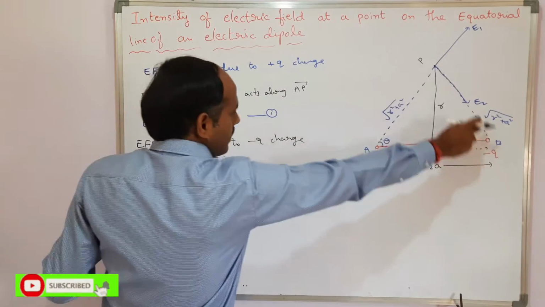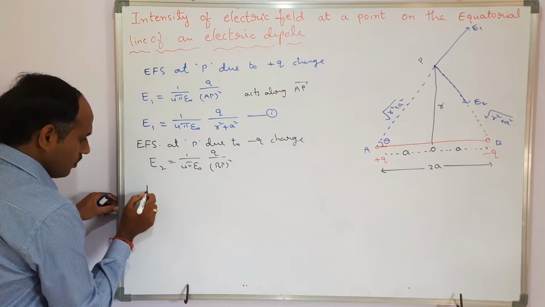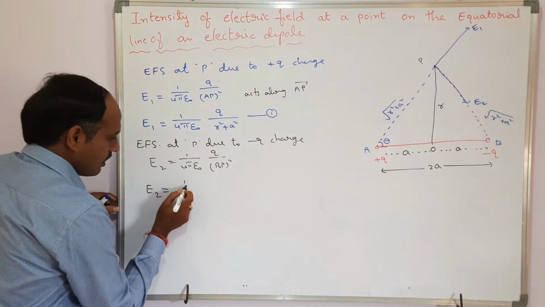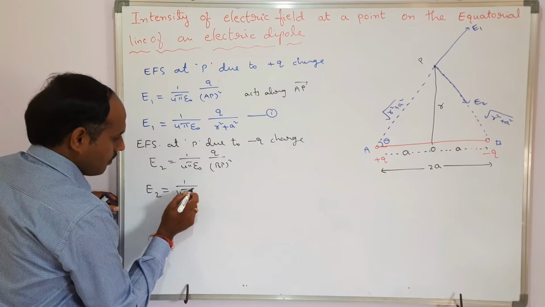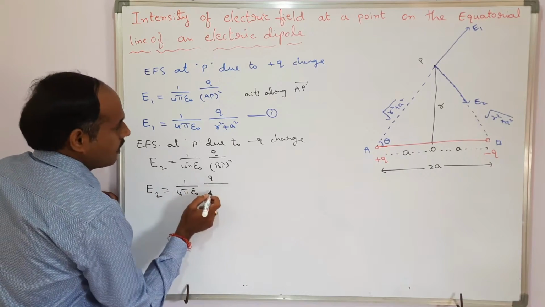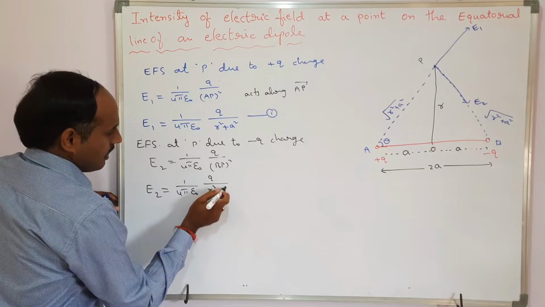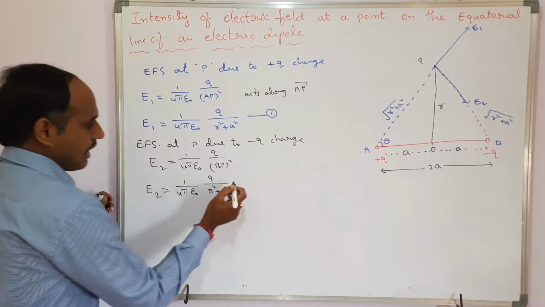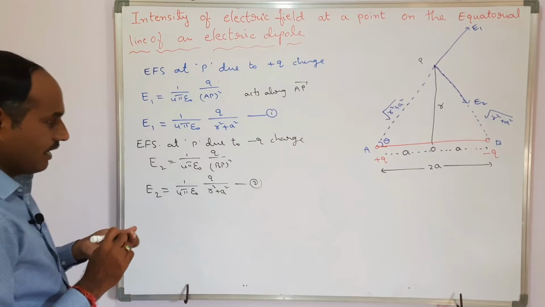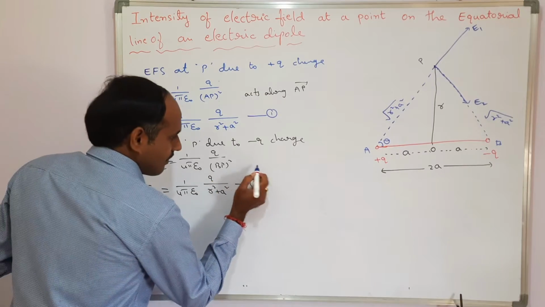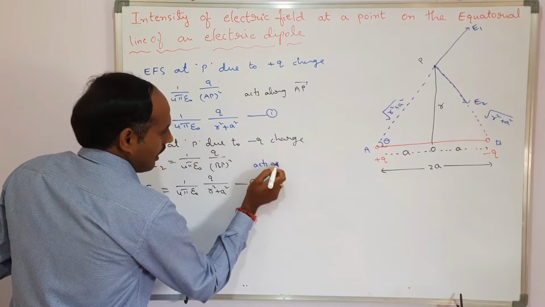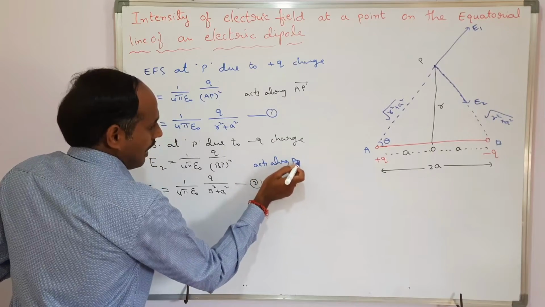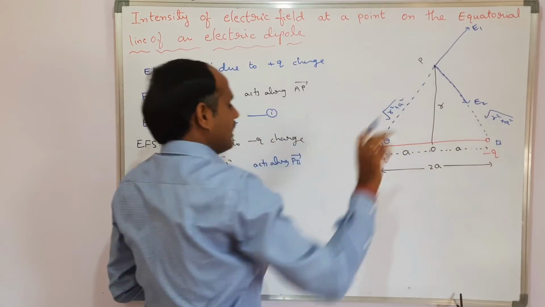Again this BP is also the square root of r square plus a square, so E2 is equal to 1 by 4 pi epsilon naught of Q upon the square root of r square plus a square, whole square. The square root gets cancelled. This is equation 2, and this electric field strength acts along PB. Why? Because it is towards the negative charge.